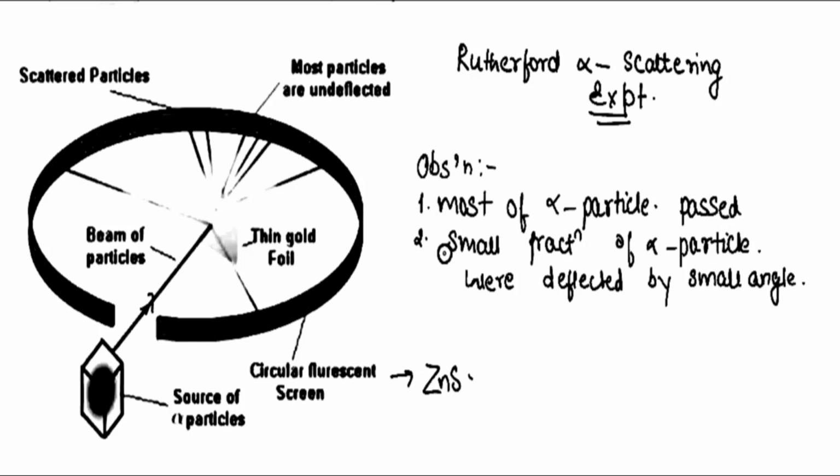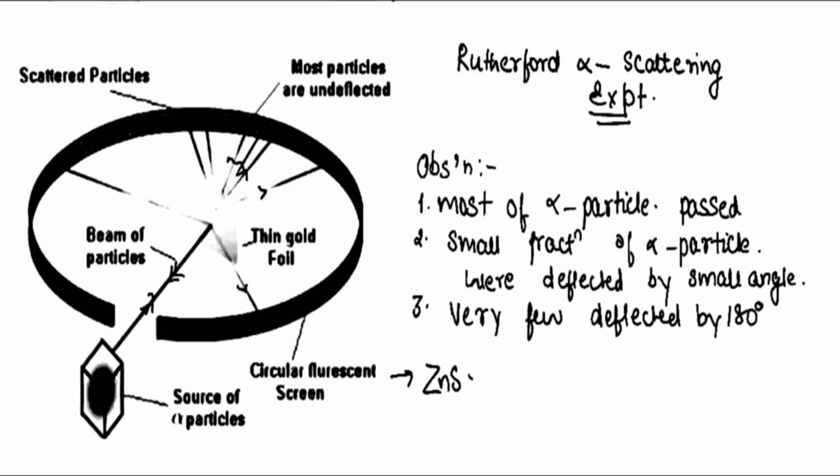And the third observation was, very few were deflected by nearly 180 degrees. As you can see here, very few deflected by 180 degrees like this, and some were deflected by a small angle and most of it passed through this.